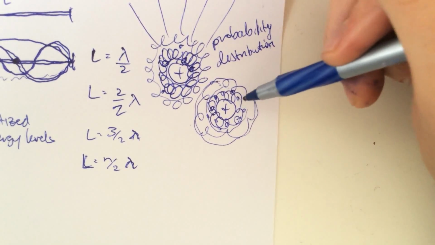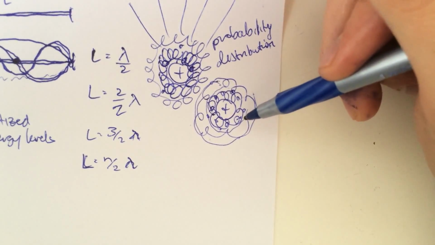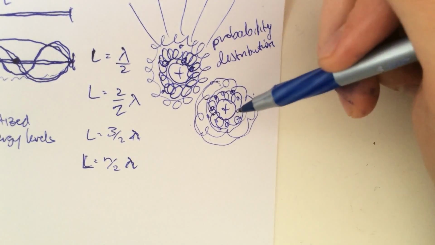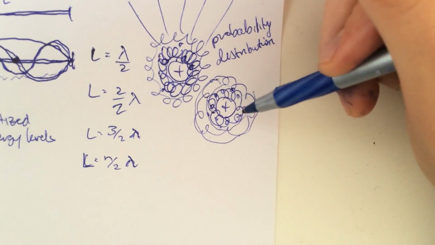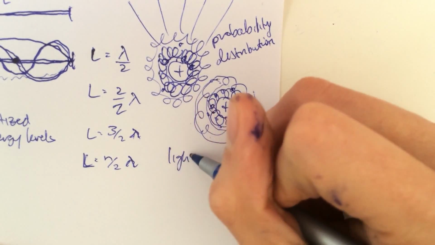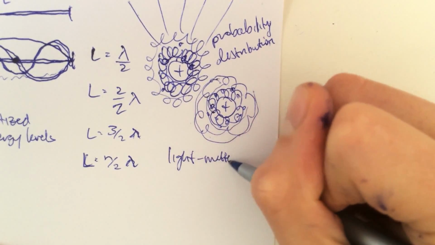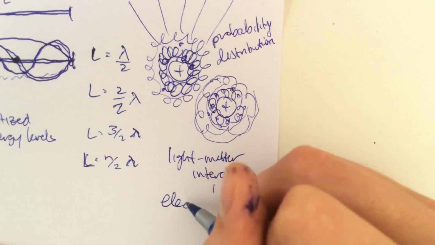How do we make use of this? We don't know where the electron will be when we measure in an experiment, but we can see that it's more likely to appear in some places than others. It's really weird because when we have light-matter interaction, we see the electron is a particle.